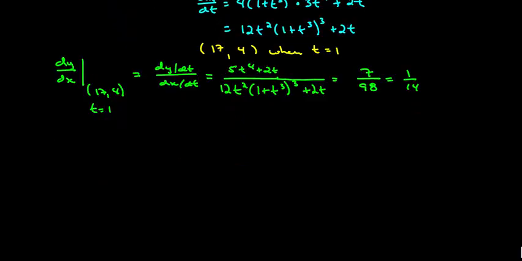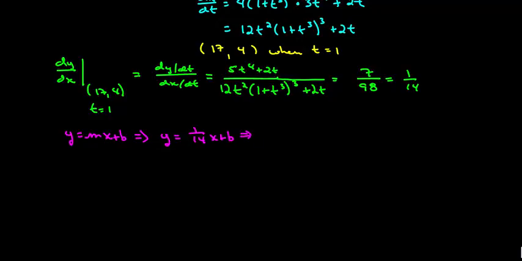And so what we were trying to do, if you remember, is find the equation of the tangent line. So there's some line out there, y is equal to mx plus b. So we've got y is equal to our m value, and we would like to know what b is.